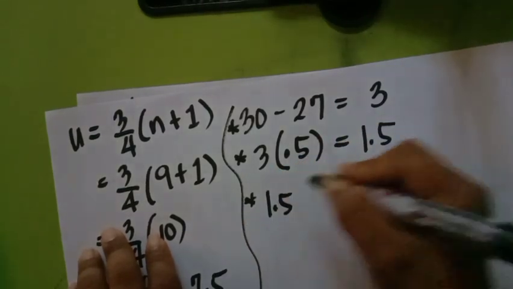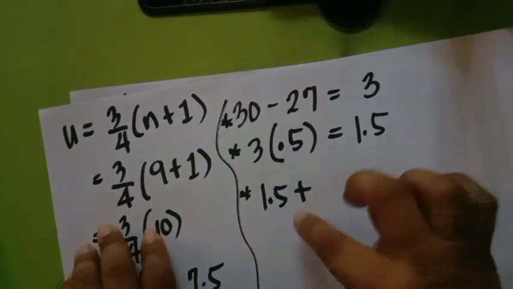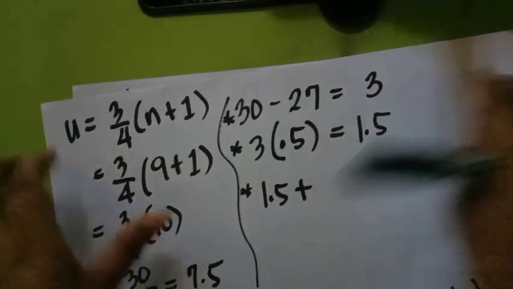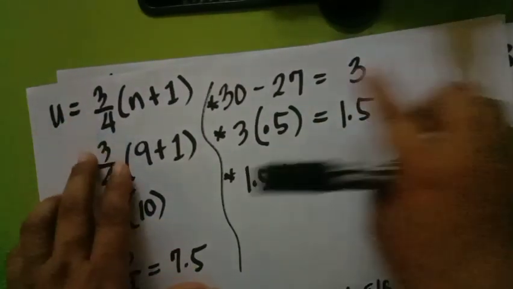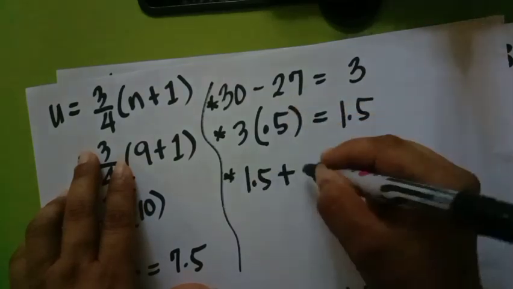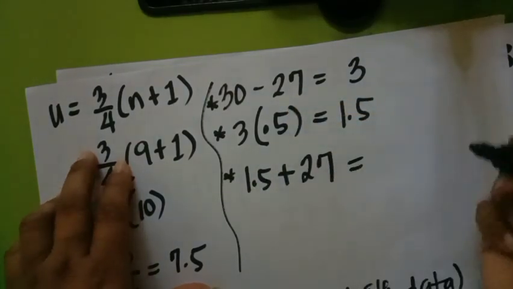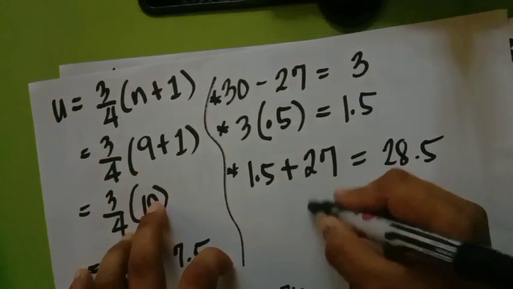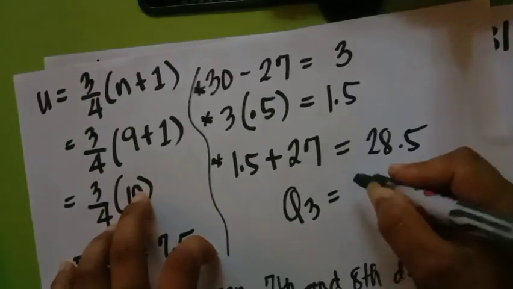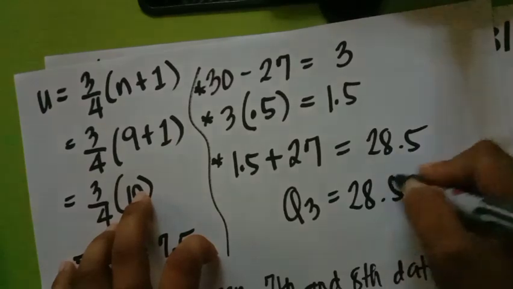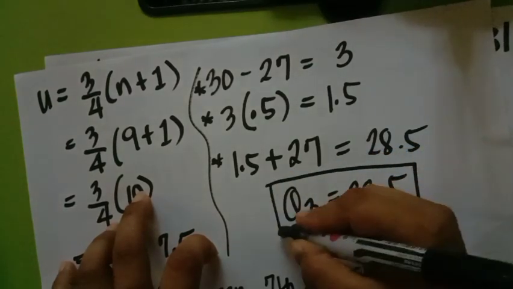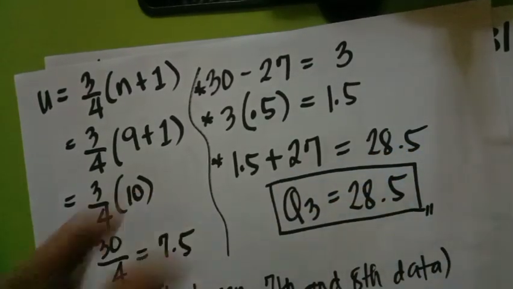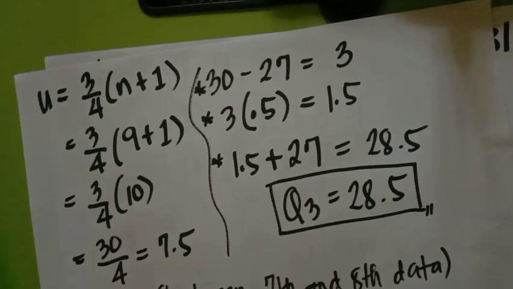Yung 1.5 na nakuha natin, saan nyo siya idadagdag? Idadagdag nyo siya doon sa mas maliit na value, which is 27. So, what is 1.5 plus 27? 28.5. Therefore, Q3 is equal to 28.5. Or the third quartile or upper quartile is 28.5.